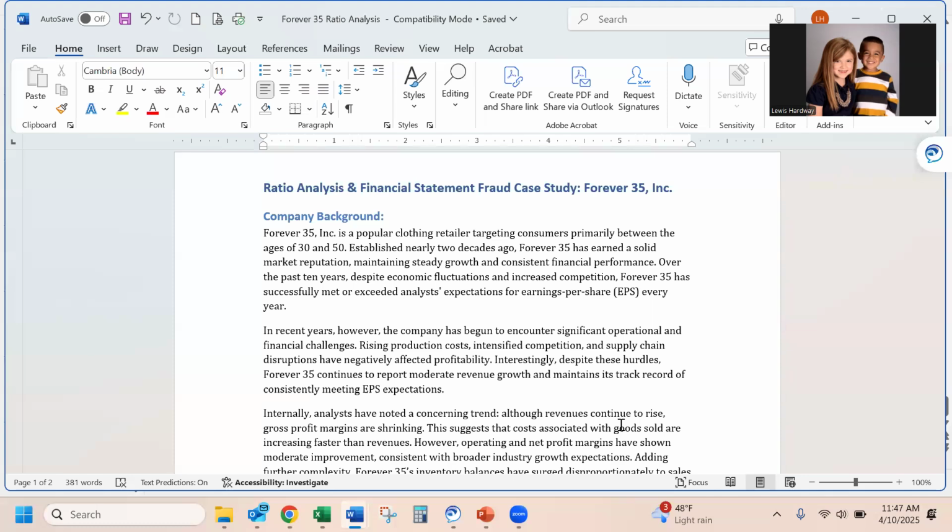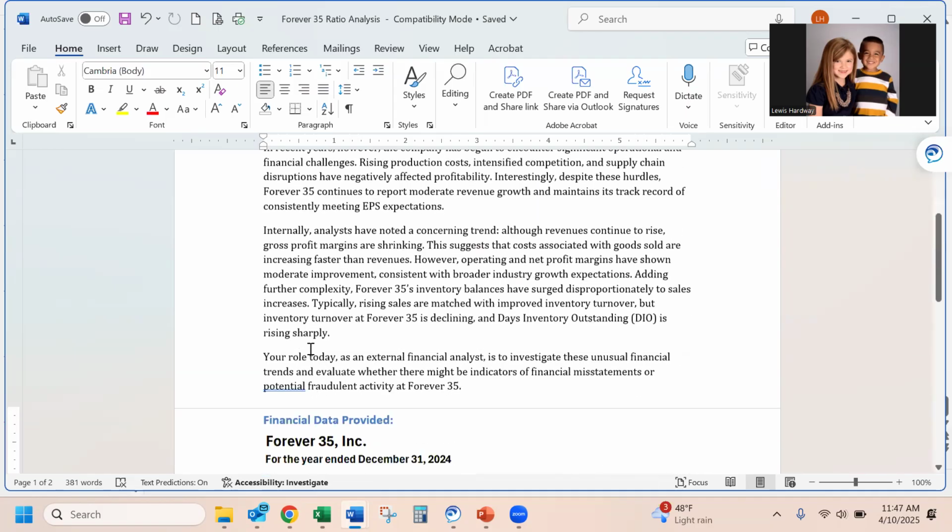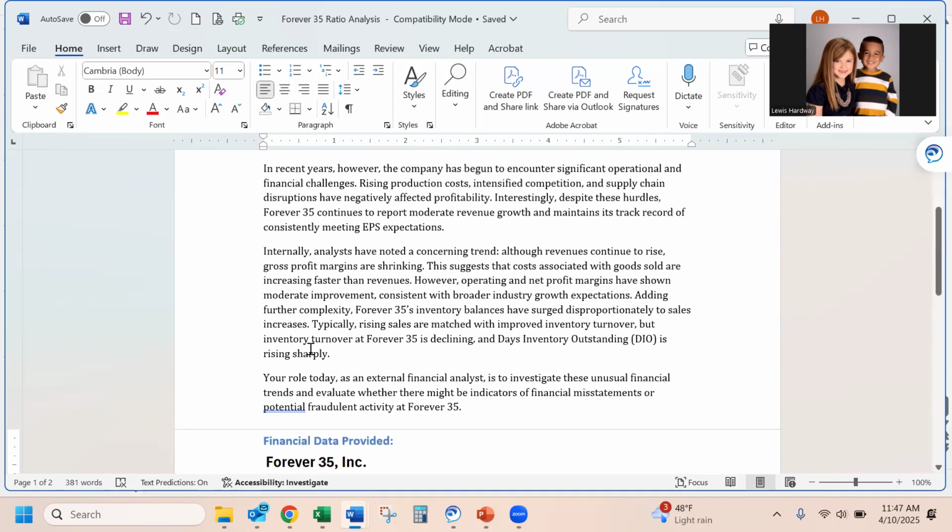All right, so there's some background here about how the company is doing, their growth rates, all that stuff. But as you can imagine, like with many other, especially mall style retail stores, they're having some problems in more recent years.